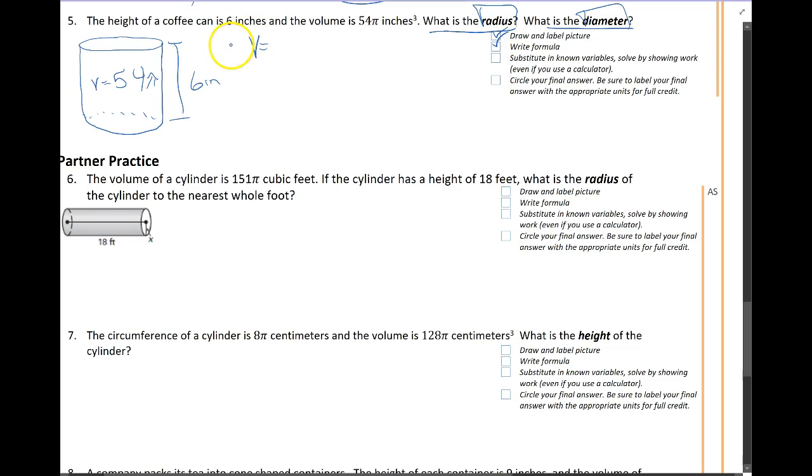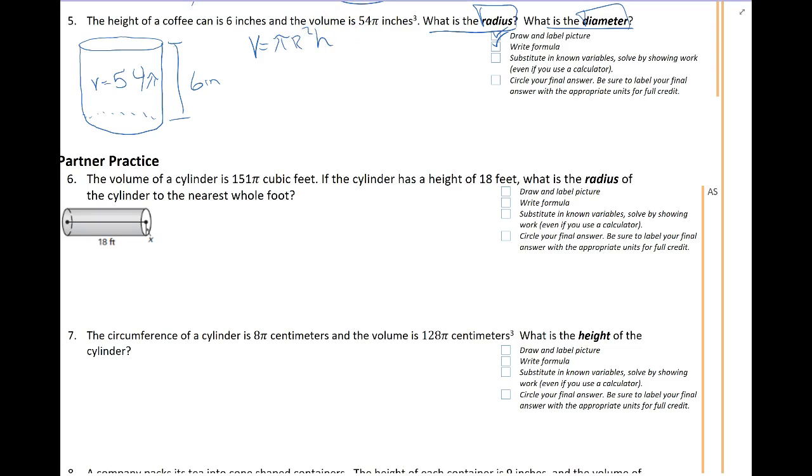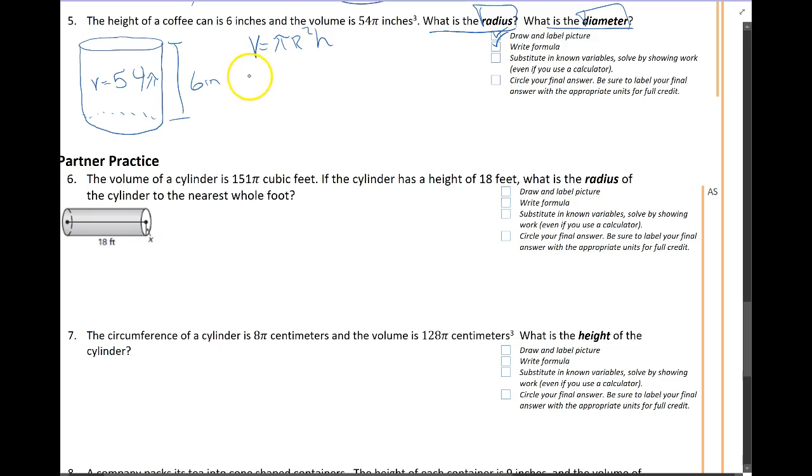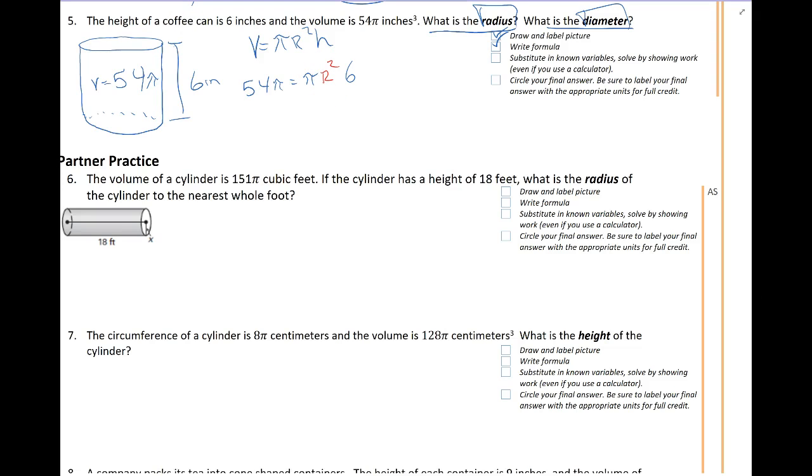This is a cylinder, so volume is equal to pi times the radius squared times the height. And then I come down and I say, well, the volume is 54 pi equals pi. The height is 6, and the radius squared is, well, right now we don't know.